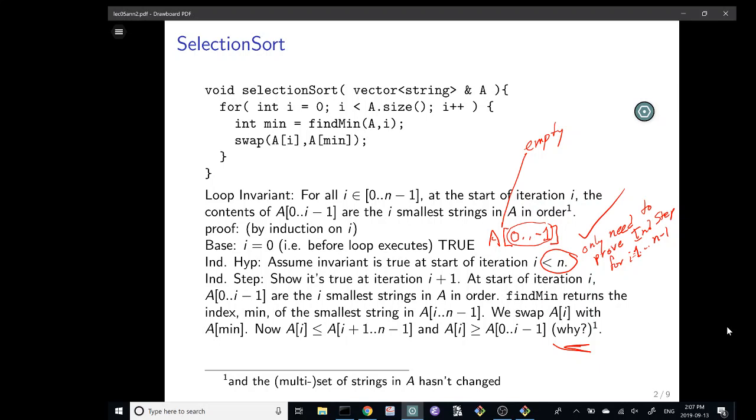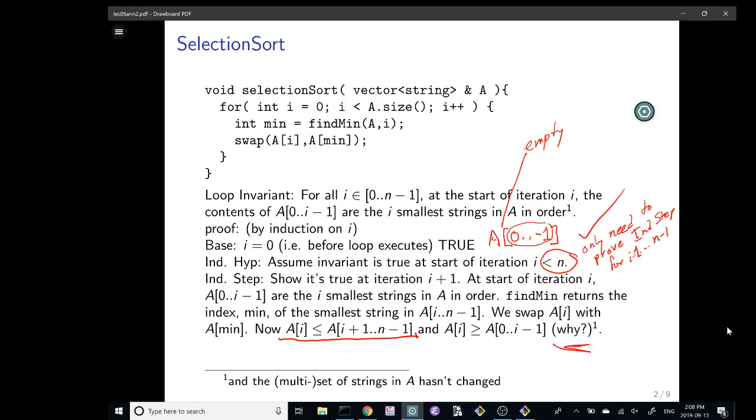And that immediately tells us, because of the correctness of findmin, that that is true. AI is now, we know, less than or equal to all of the other strings in the array from I plus 1 to n minus 1, because of the swap and because of the correctness of findmin. Okay?